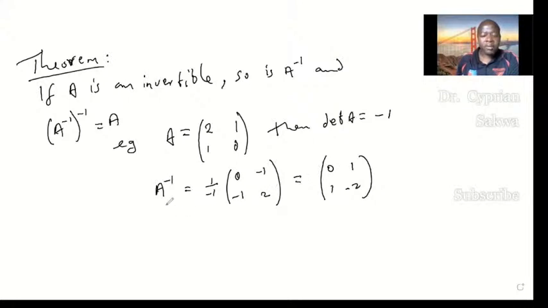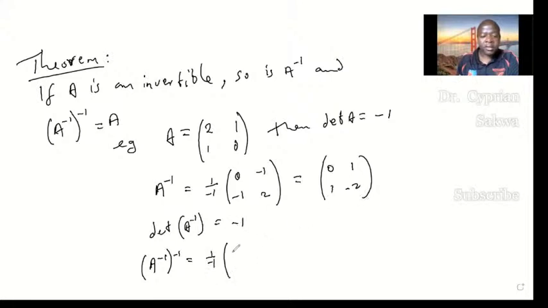So what about the inverse of A inverse? Again, I would find the determinant of A inverse, which is 0 minus 1, which is negative 1. So the inverse would be 1 over this determinant times the adjoint here.